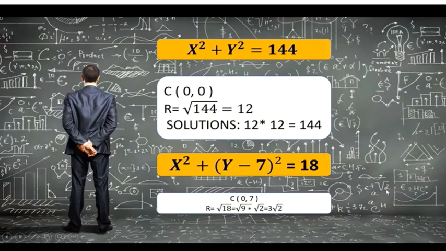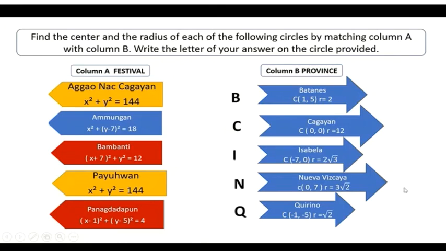Now, I want you to please answer the following activity just for you to gauge your knowledge of whatever you have learned today, if you have learned everything from the first slide up to the last one. Basically, I want you to be able to identify the center and the radius of the given equations, whether the x coordinate is 0, or one is 0 and one has a certain value, or both are at the origin.